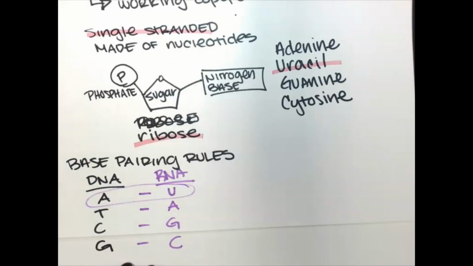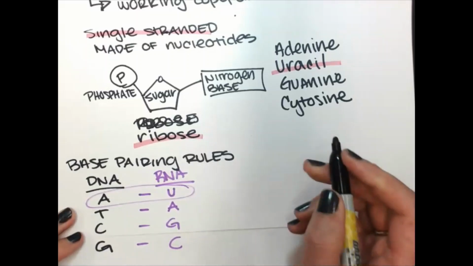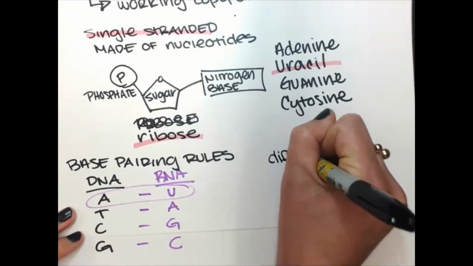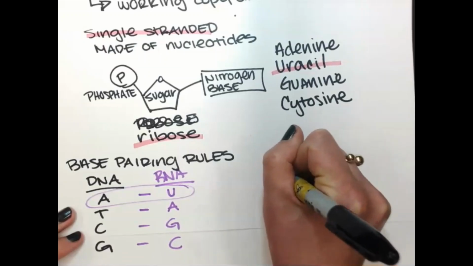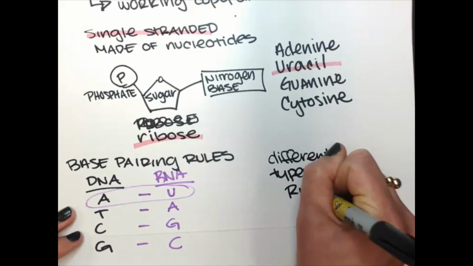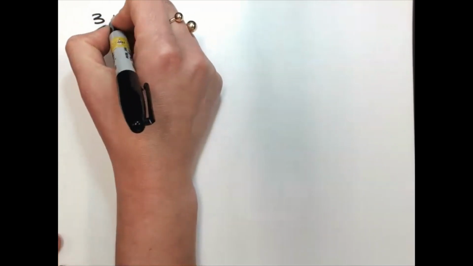Now there's one last thing you really should remember about RNA as opposed to DNA. And it's that you have 3 different types. So there's different types of RNA. So let's look at those 3 main types.